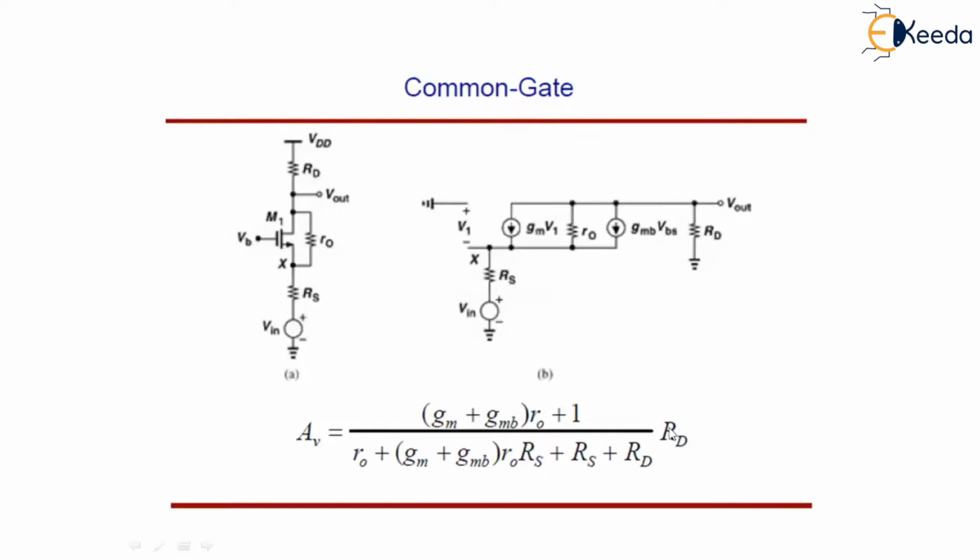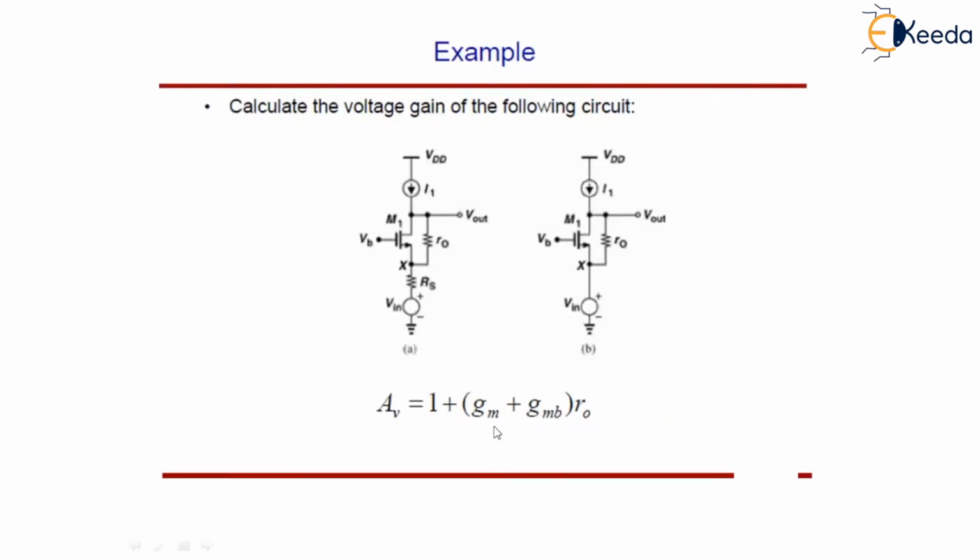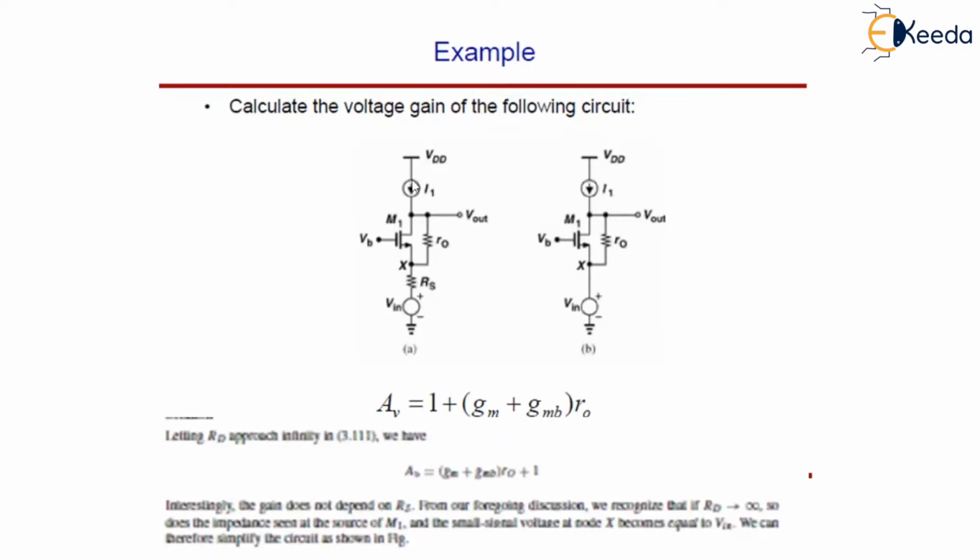Yes, this RD is infinite and this impedance Rs is 0. Thus this particular equation will be reduced to 1 plus gm plus gmb. As the load impedance RD approaches infinity, not 0, infinity, the voltage gain reduces to this, and the gain does not depend upon the source resistance Rs.